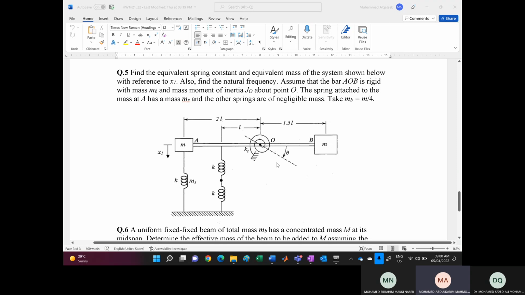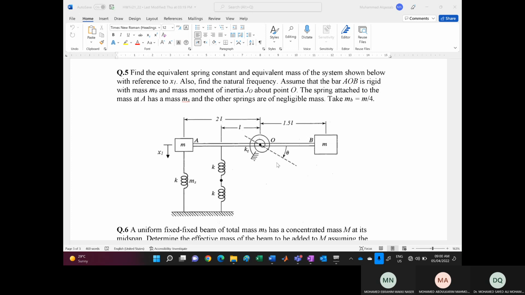Find the equivalent spring constant and equivalent mass of the system shown below with respect to x1. x1 is at A. Find the natural frequency. Assume that the bar AB is rigid with mass MB and mass moment of inertia JO about point O. The spring attached to the mass at A has a mass MS, and the other springs are of negligible mass.